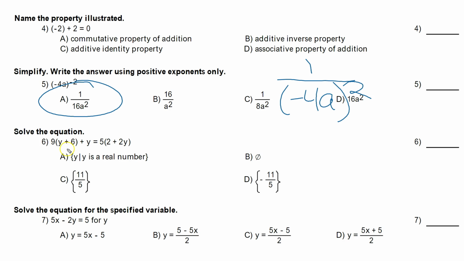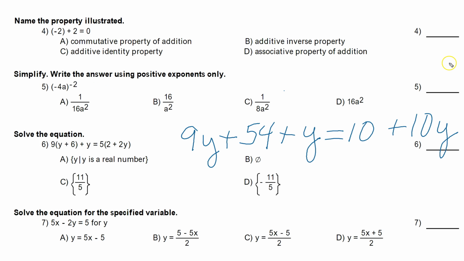Now here's some background for Chapter 2, which is equations. We're asked here to distribute to get rid of parentheses. So this becomes 9y plus 54, and then your y, and then distribute this.